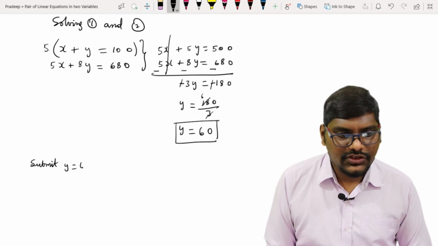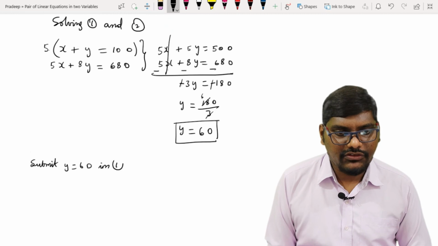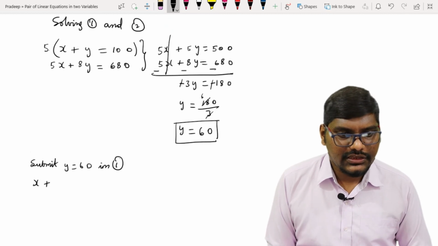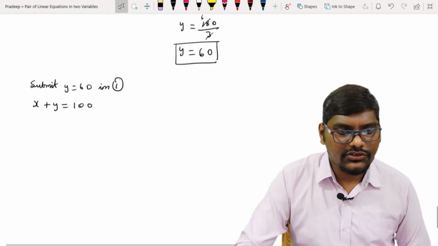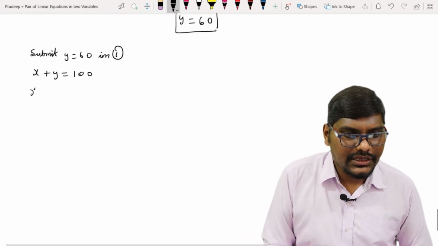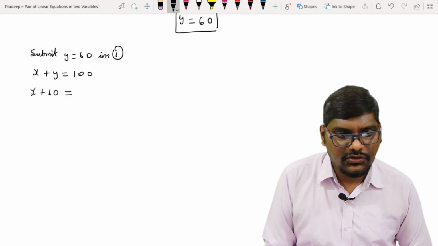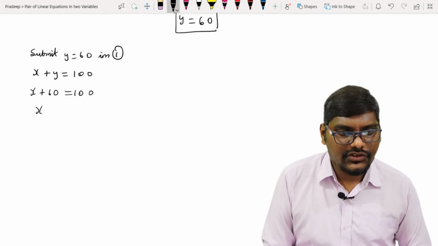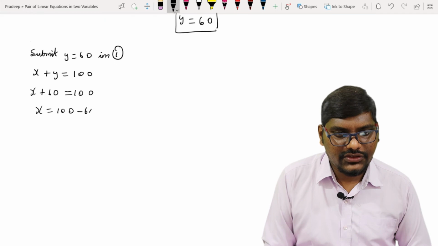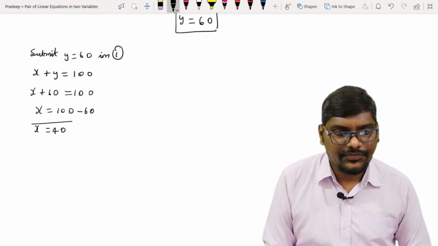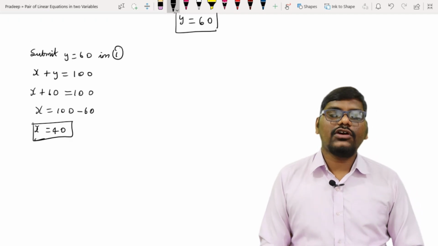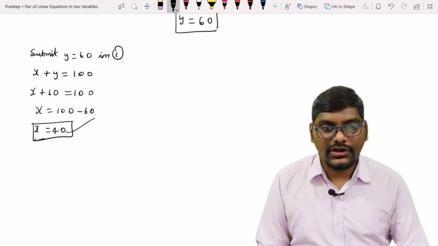So what is the first equation? x plus y equal to 100. So now y equal to 60 I'm substituting, so I'll be getting x plus 60 equal to 100, whereas this is x equal to 100 minus 60, so x value I'll be getting as 40. Okay, y value we got 60 and x value we got 40.